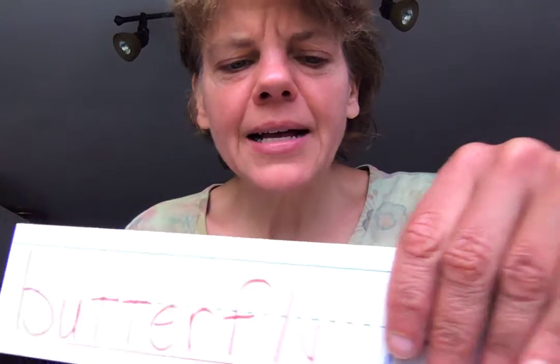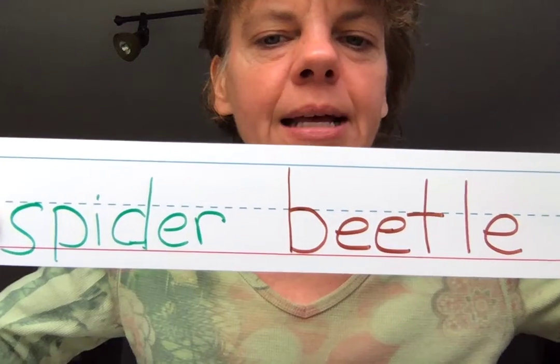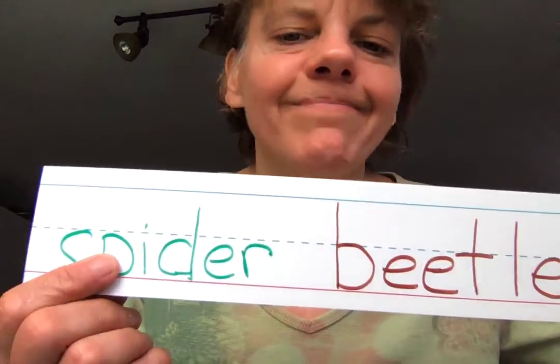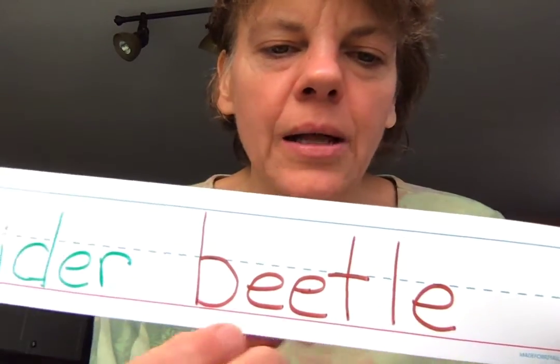Okay, I'm going to say the next two, they both start with bu. Ready? Butterfly, bumblebee. Okay, looking at this one, which word do you think says spider? It has to have a S. It's got to be that one. And then this is that new one, beetle.